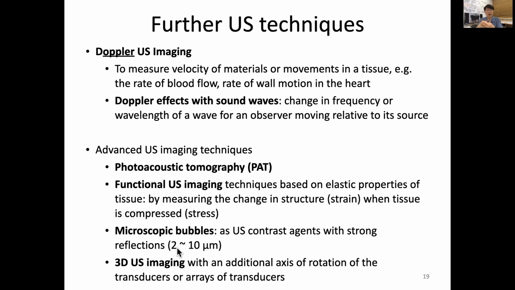You can flow them into the bloodstream, and that will generate a high reflection in ultrasound so that we can use it as a contrast agent. And also three-dimensional ultrasonic imaging adds another axis of rotation of the transducer or arrays of transducers. We can now image in 3D faster, and that's called 3D ultrasonic imaging.